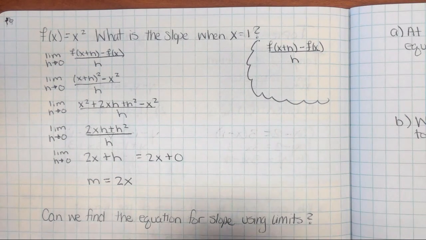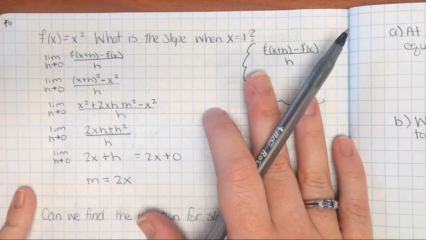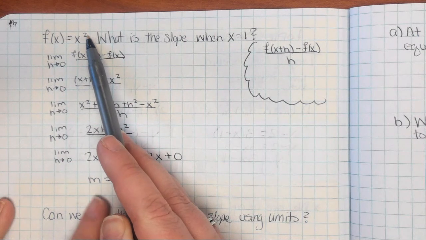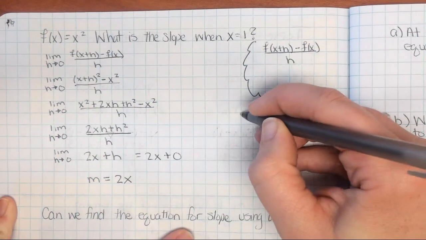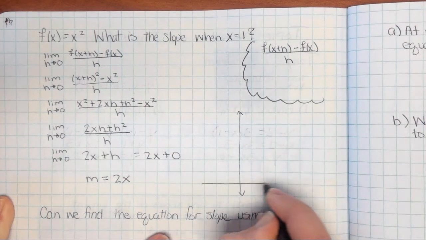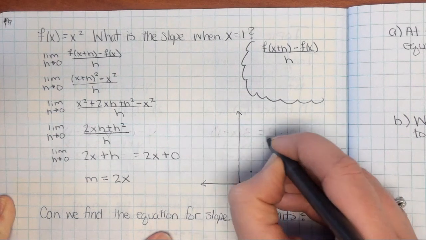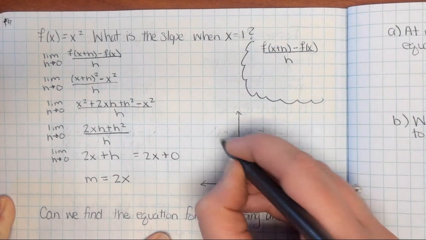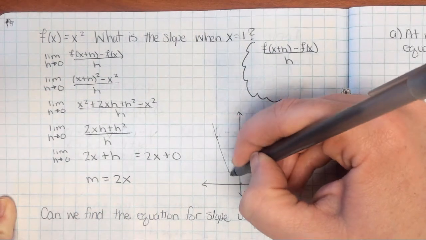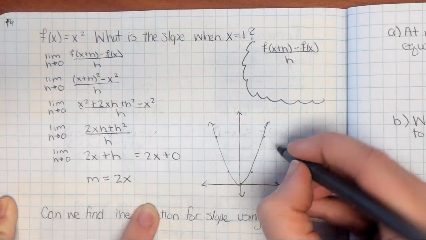So what we have just found is that for any point on this function x squared, we can find the slope. For instance, I'm going to draw out this quadratic function quickly. It's a little impromptu, but here's what it looks like. Let's say I wanted to find the slope when x is equal to 2.